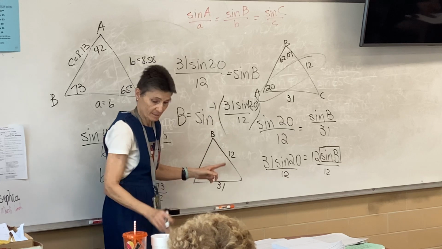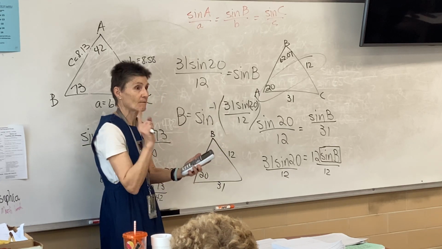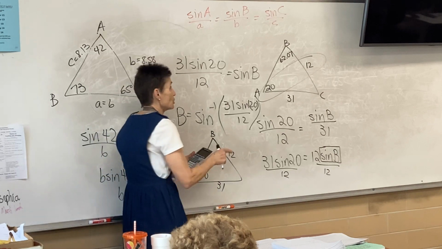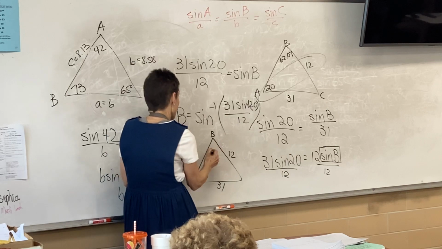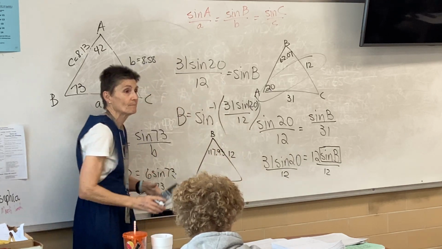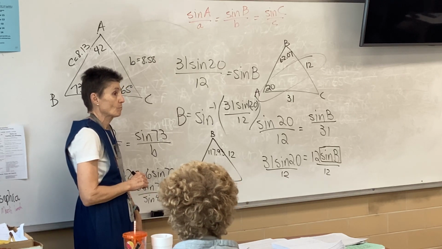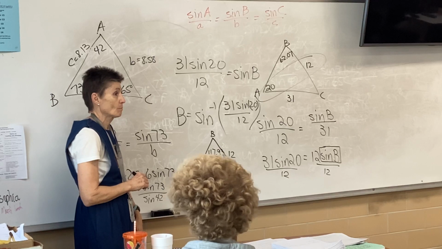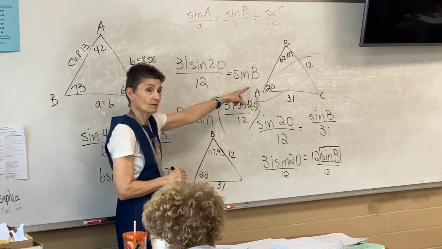If there is, it's 180 minus the first one. So since my first one was 62.07, my second one will be 117.93. I second sine to get my first answer.